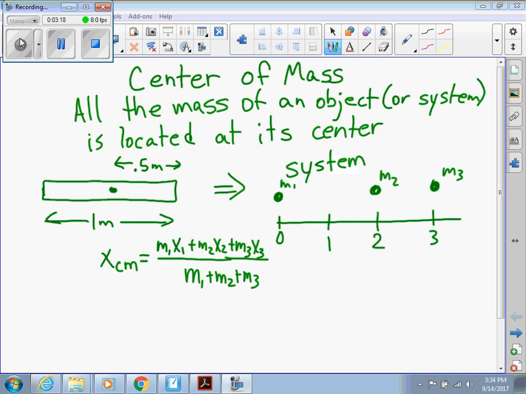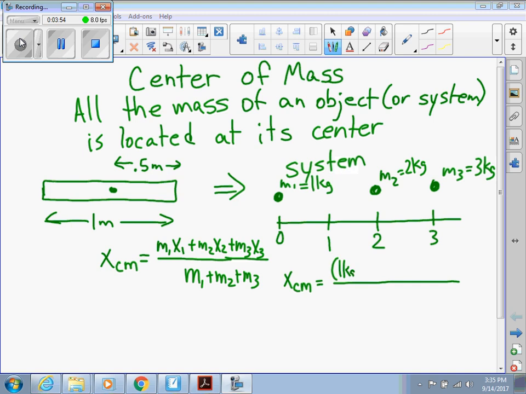So let's go ahead and find the center of mass for this system. Let's give masses also. Mass 1 is 1 kilogram, mass 2 we'll say is 2 kilograms, and mass 3 will be 3 kilograms. What is the mass of object 1?